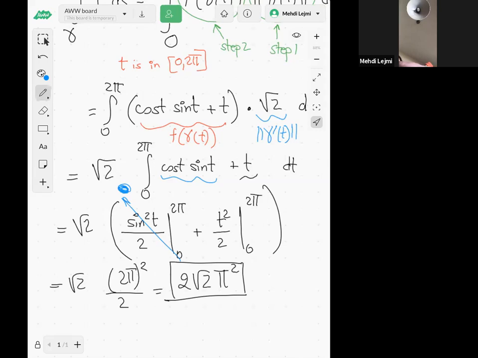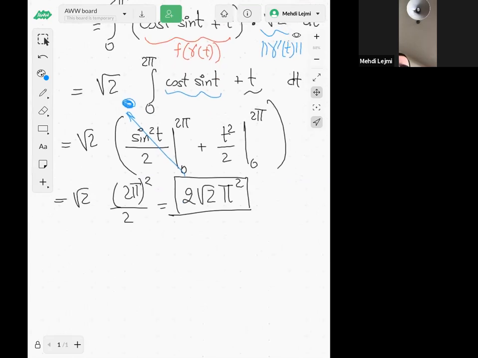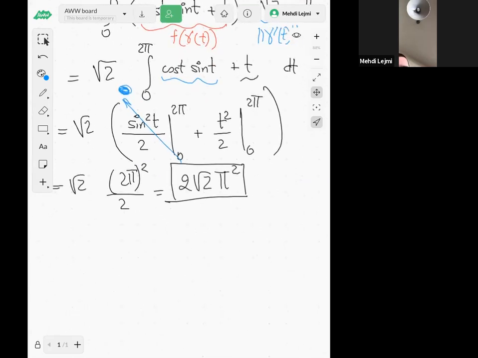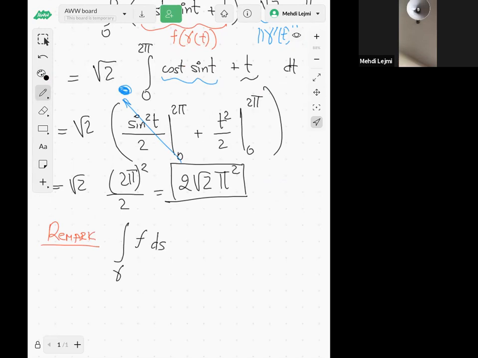Well, before the exercise, guys, I just want to say as a remark, your curve or your path gamma could be a path in the plane, right? So let me quickly make an example. In this case, this integral of f along the curve gamma can also be defined for gamma, which is a path or a curve in the plane.